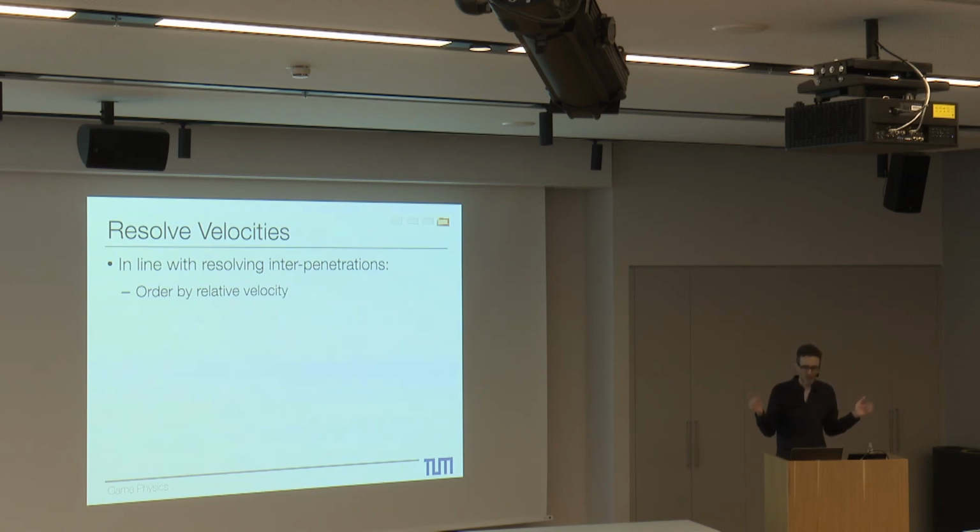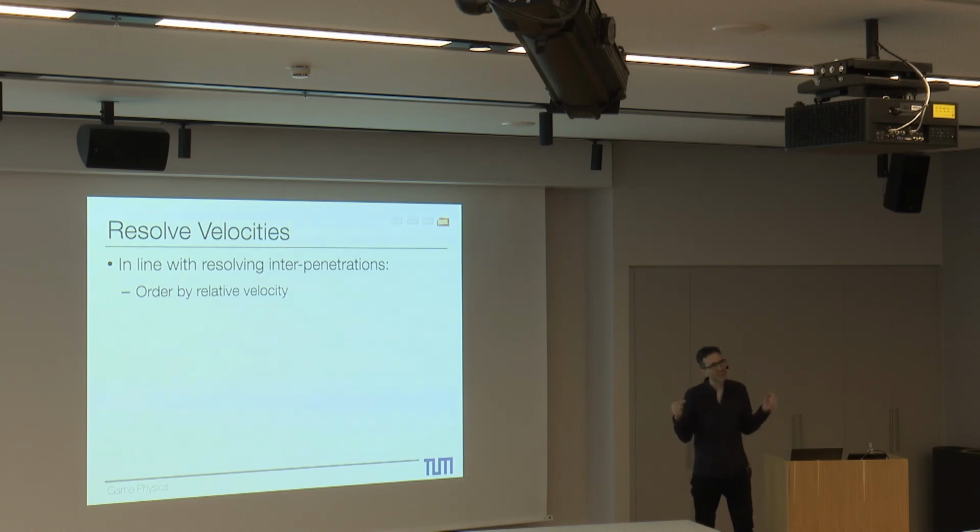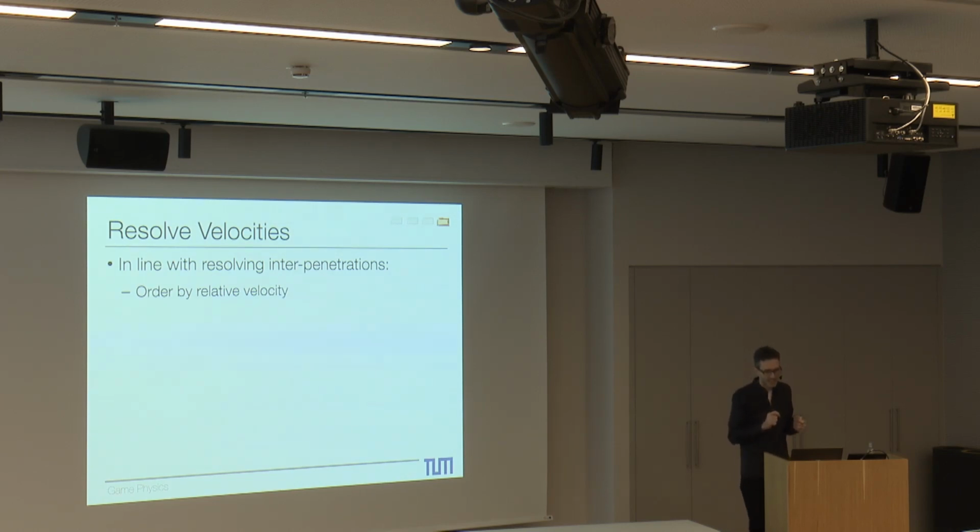We don't want these unphysical ones that never would happen in reality, where objects keep on being interlocked and moving into the volume of the other material. So computing these relative velocities at the collision points is likewise a step that can be treated in much the same way as just described for the actual positions of the points.